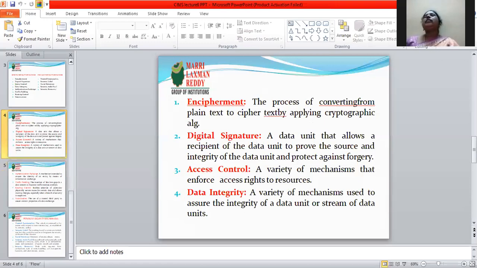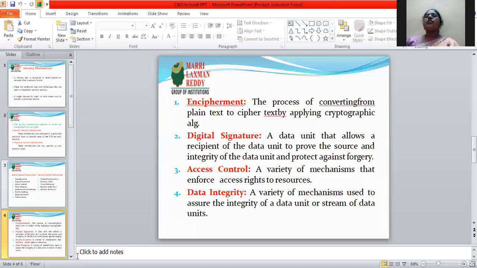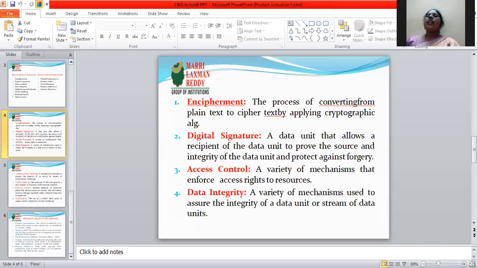Encipherment. Here, the process of converting from plain text to ciphertext by applying a cryptographic algorithm. That is called encipherment.